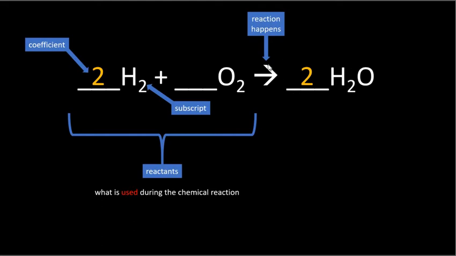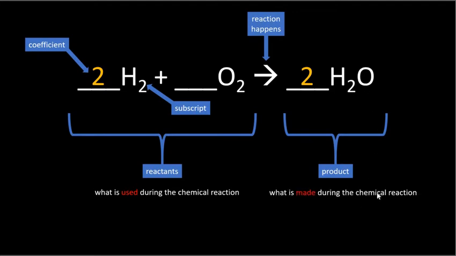Now, after on the point side of the arrow, these are referred to as products. Okay, so here H2O, water, is a product. And a product is what is made during the chemical reaction.